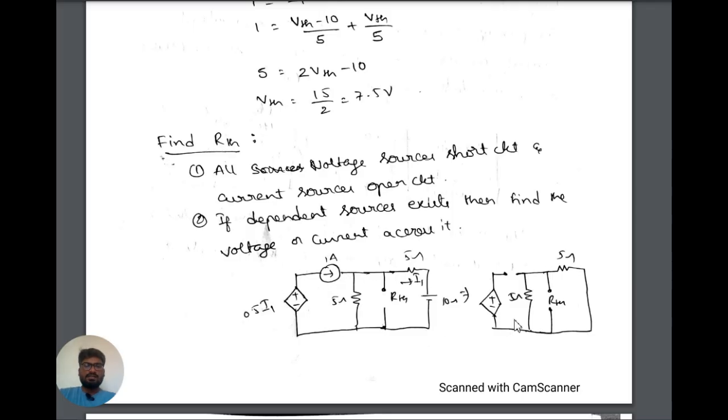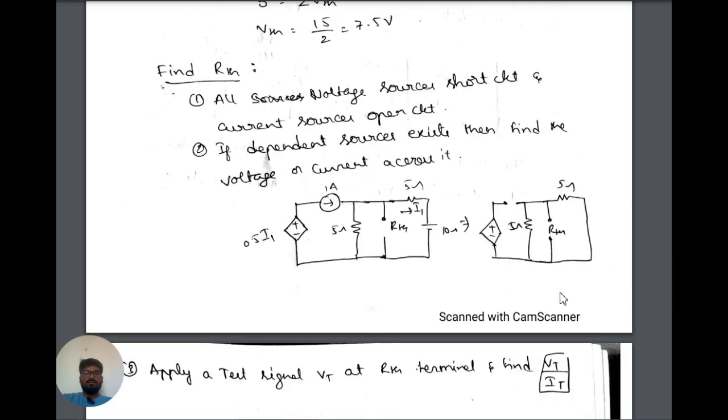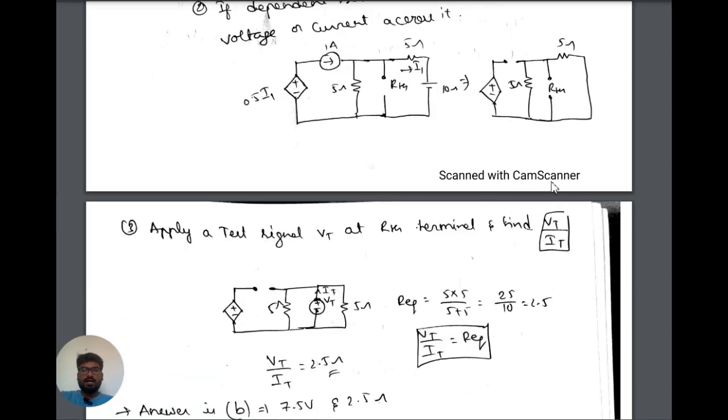Dependent sources stay as they are. As the branch is disconnected, current will not flow in this dependent voltage source. So for RTH there are only two resistors in parallel, and their parallel combination equivalent resistance will be the RTH.